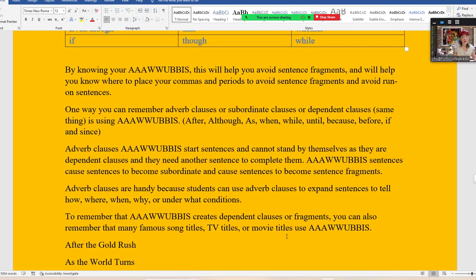Another way of memorizing your subordinating conjunctions is by memorizing them as AAAWWUBI, "awoobies." By knowing your awoobies, just like you know your FANBOYS, this will help you avoid sentence fragments. Because every time you see an awoobie near a sentence, you know it's going to be a sentence fragment.